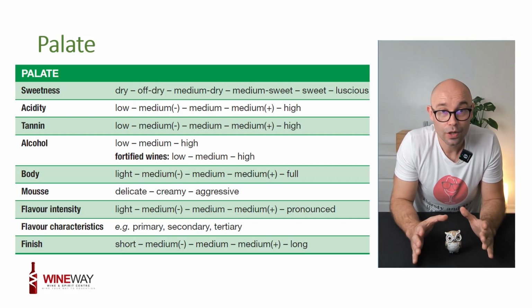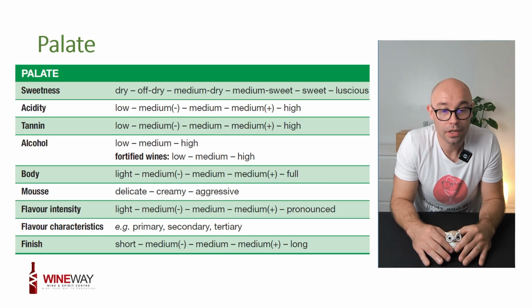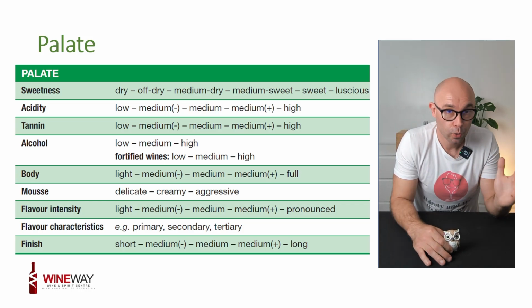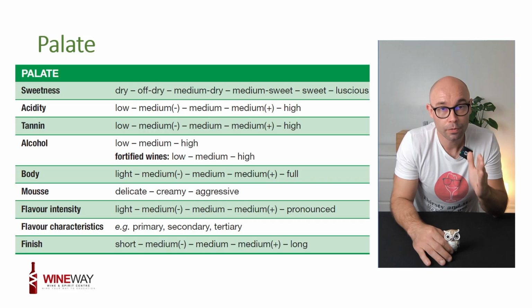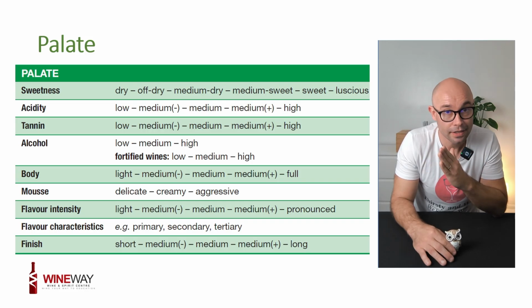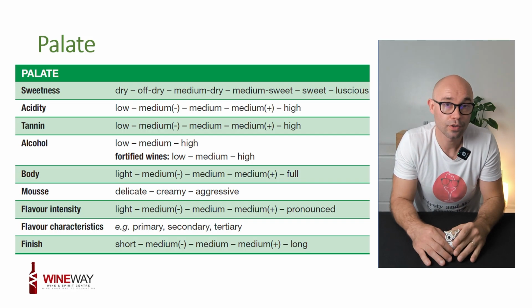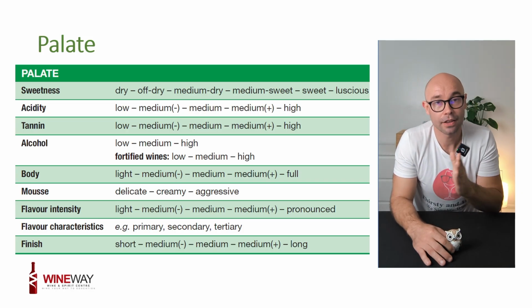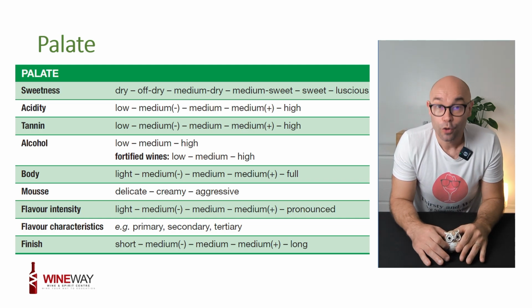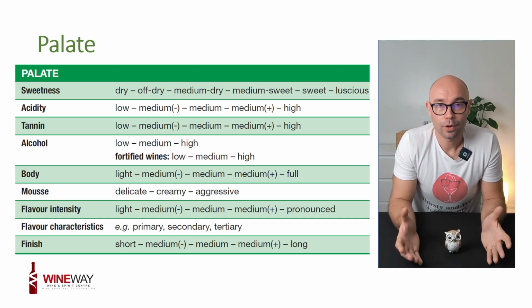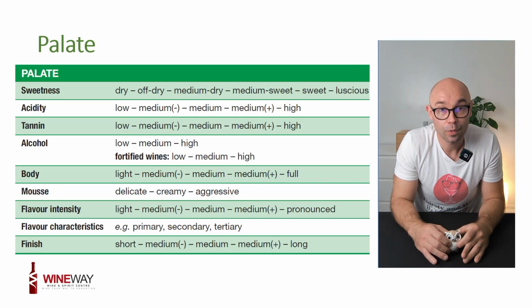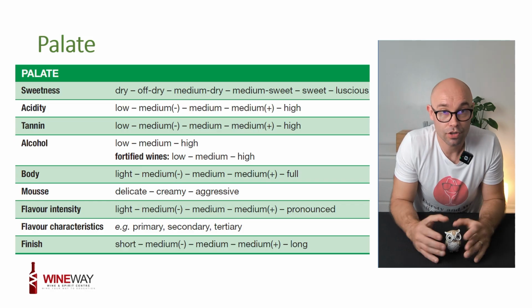Alcohol is a 3-point scale, so it can be only low, medium, and high. In regards to the percentage of alcohol, everything below 12 is considered low, 12 to 13.9 is medium, and everything above 14 is considered high. Alcohol is more viscous and heavier than water, and it gives body and richness to the wine.